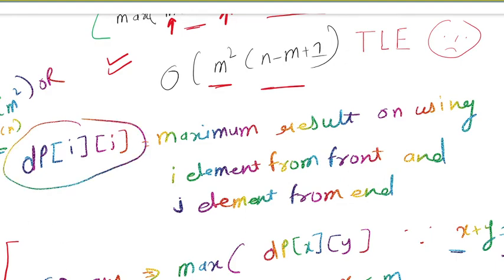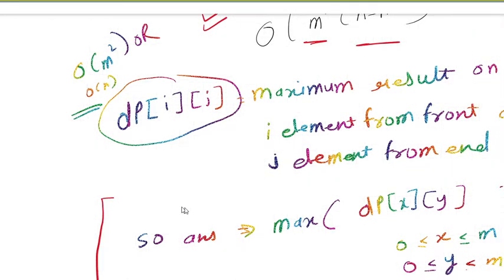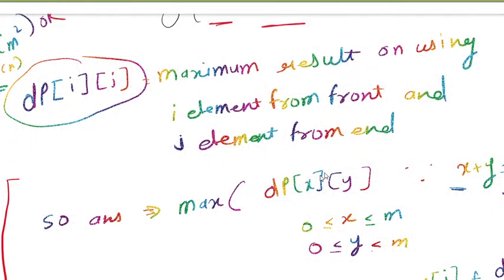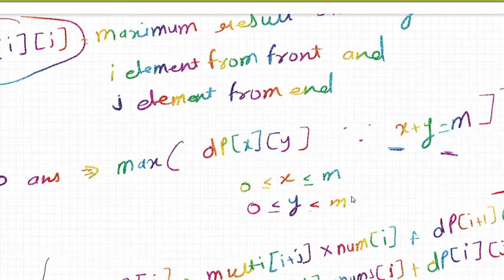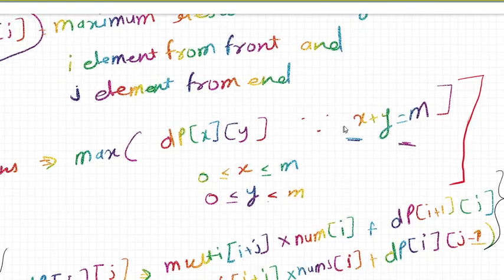So you have to calculate this dp, right? And after calculating this dp and storing all the sub cases, large cases, you have to pass that dp and query through it and take the maximum out of the dp's satisfying this condition x plus y equal to m, right?